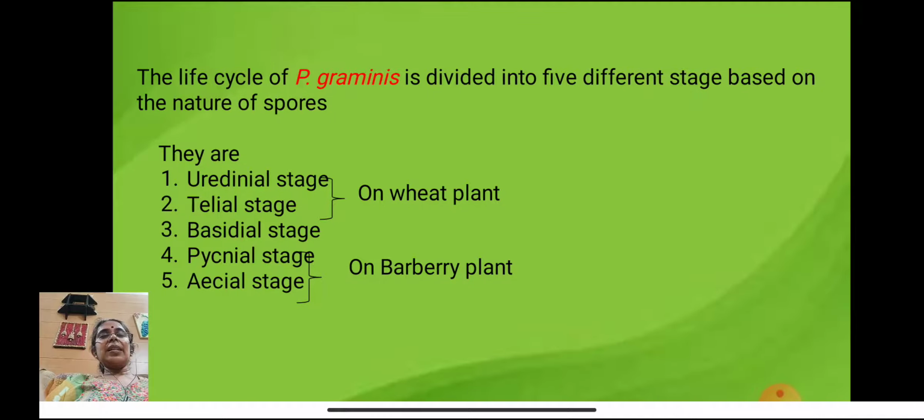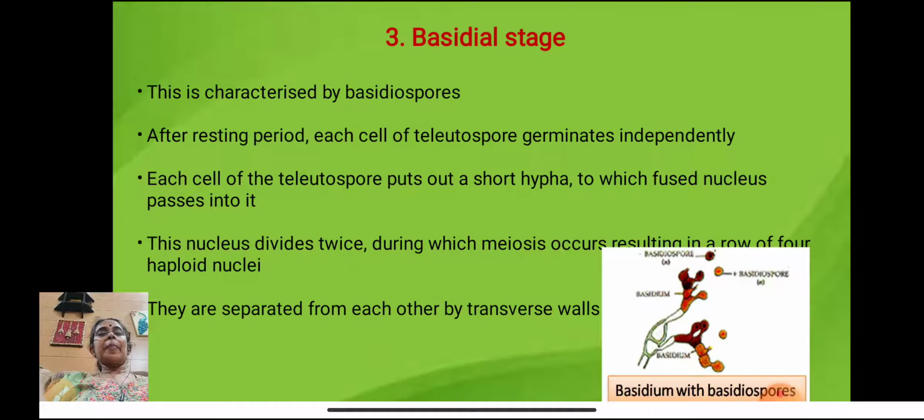The basidial stage is passed on the soil or on the harvested wheat plant. The pycnial and the aecidial stages are passed on the secondary host, namely the barberry plant. The wheat plant is a monocot plant, and the barberry plant is a dicot plant.